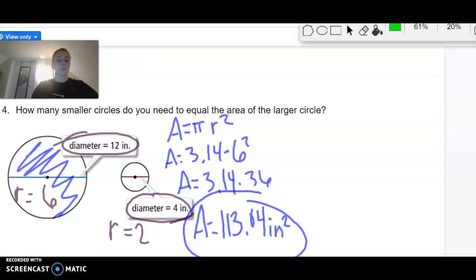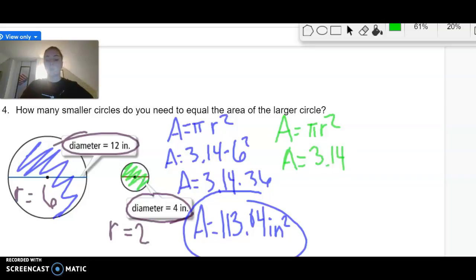Now we're going to do our area of the smaller circle, and we're going to do that one in green. All right, so we have area equals pi r squared, radius squared. Area equals 3.14, because we're going to use that for pi, so we want exact numbers here, times 2 squared. Okay, 2 squared gives us 2 times 2 is 4.